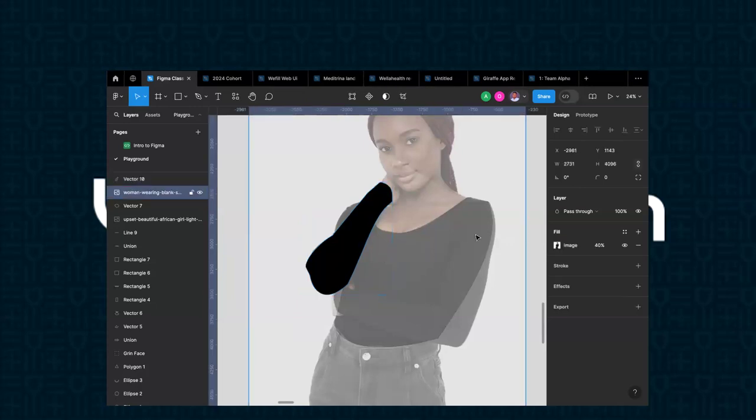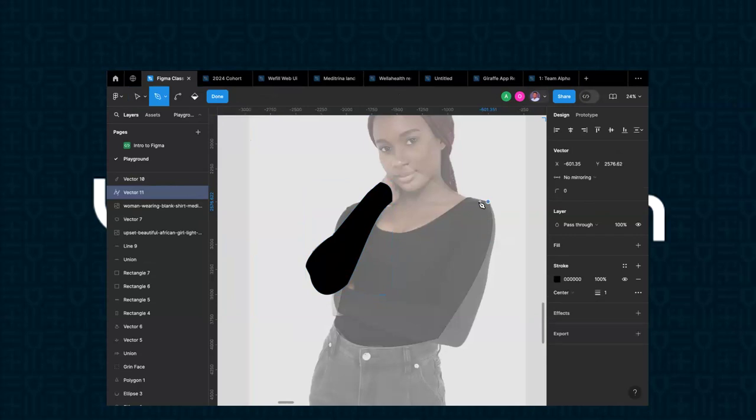Now this one starts again with the pen tool, P, and then drag here into this, and then this one is literally joining itself, and then drag a bit. Nice.